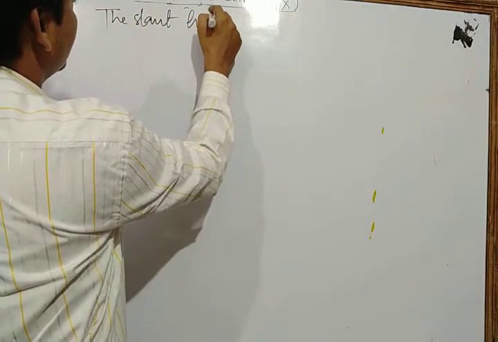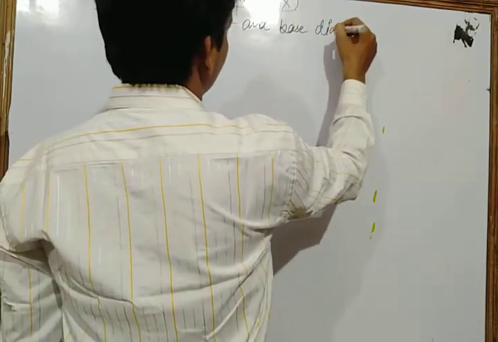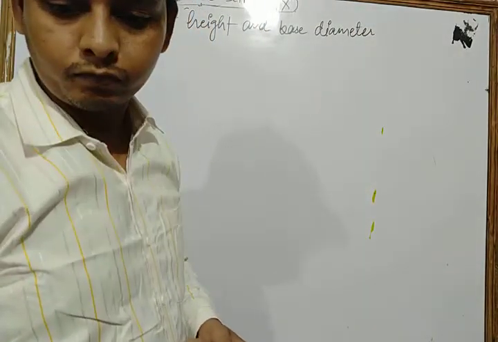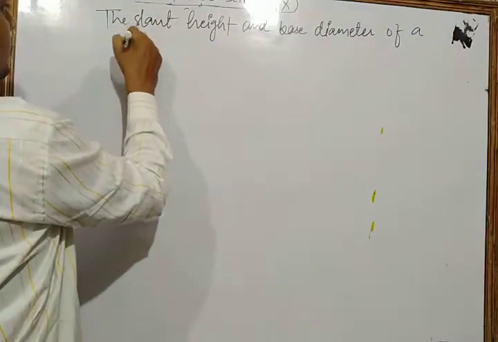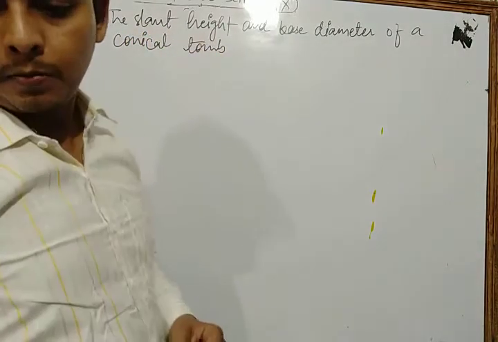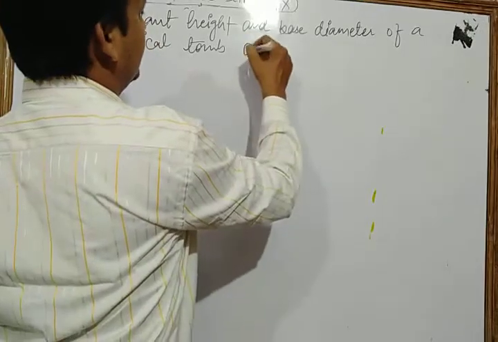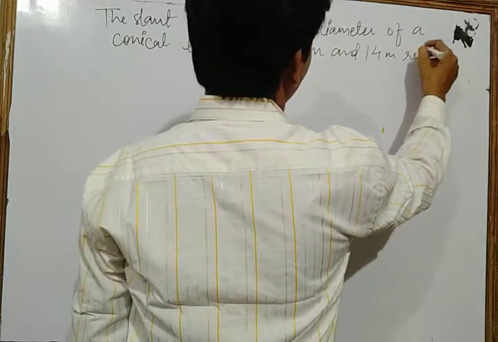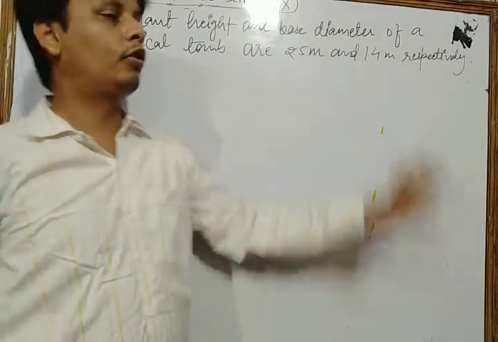The slant height and base diameter of a conical tomb are 25 meter and 14 meter respectively.